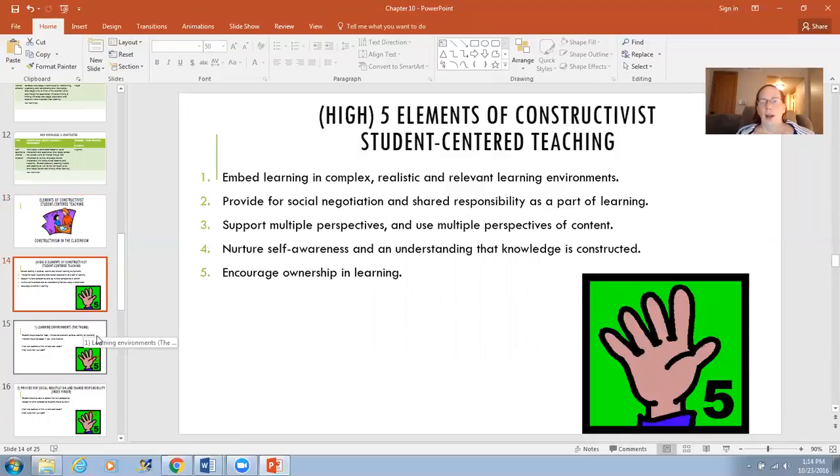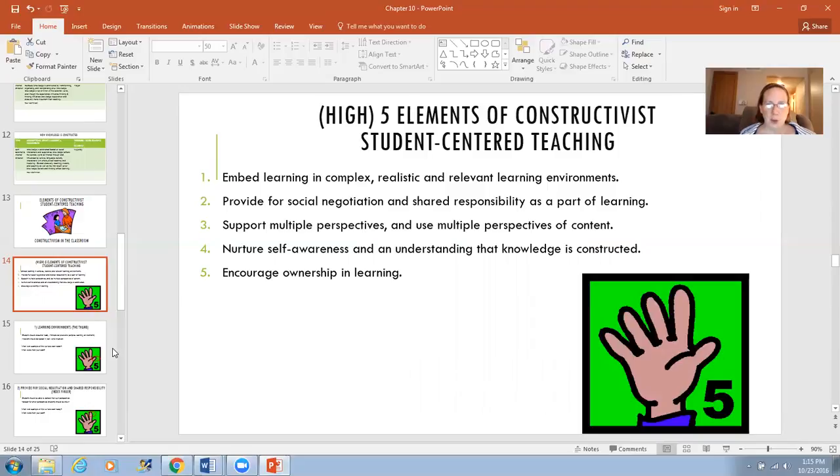There are 5 elements of constructivist student-centered teaching, and I'm going to call it the high 5 elements. Kind of like a mnemonic, but not quite.